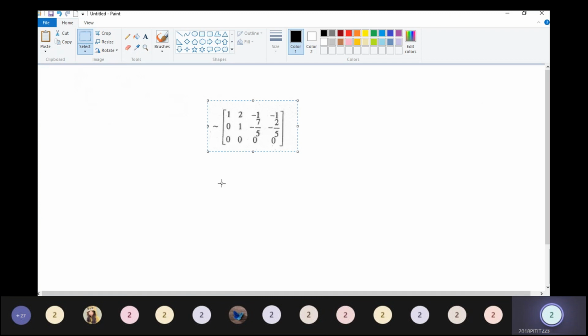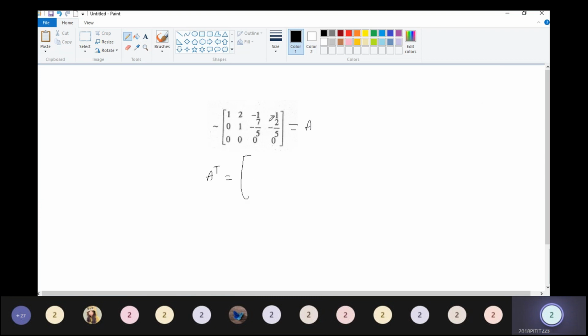If I take the transpose of this one, this is a row echelon form of the matrix A. What will be the transpose?